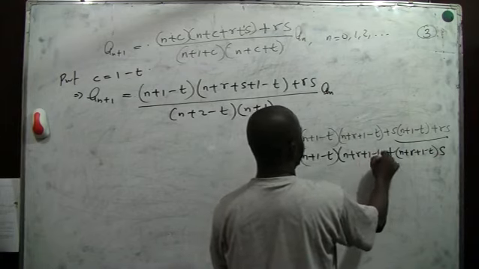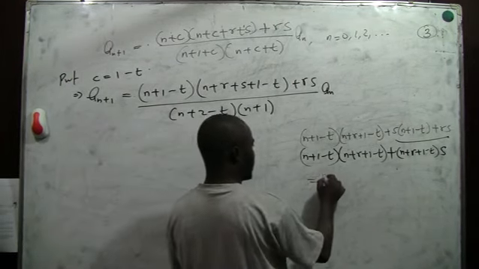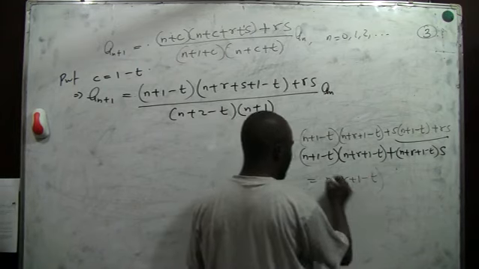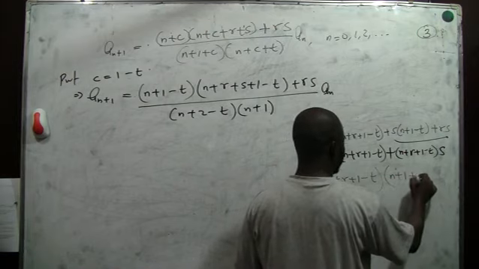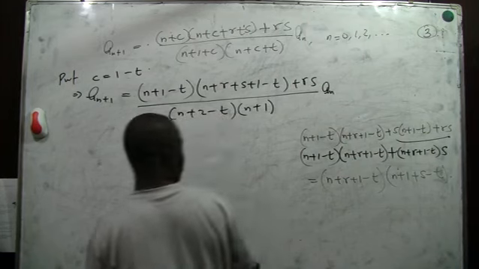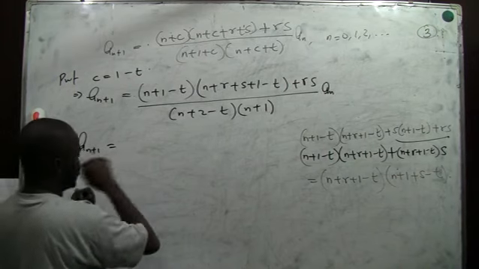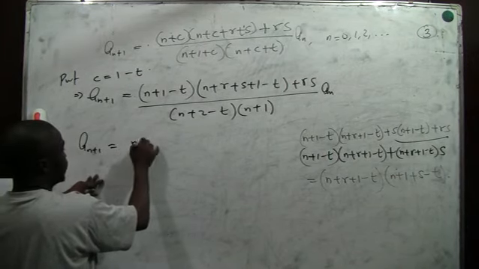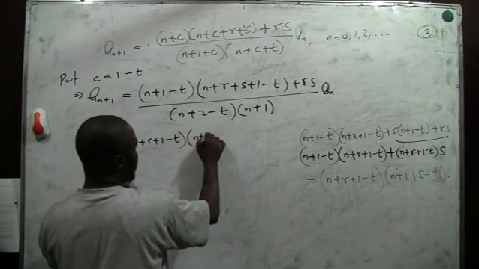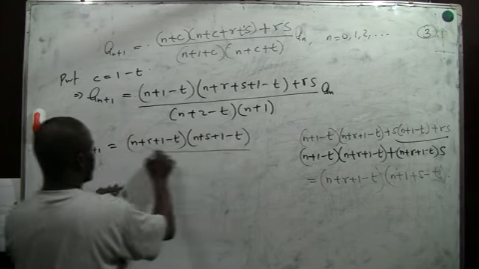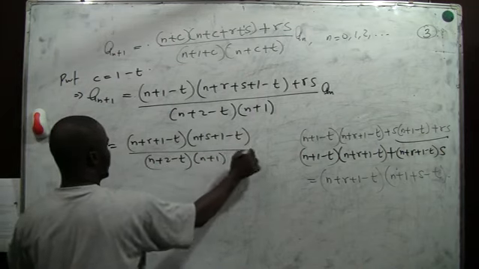Now n plus r plus 1 minus t is common. Then we have n plus r plus 1 minus t into n plus 1 plus s minus t, and those are the two factors of our numerator. So that a_(n+1) becomes n plus r plus 1 minus t into n plus s plus 1 minus t, divided by n plus 2 minus t, then n plus 1, a_n.